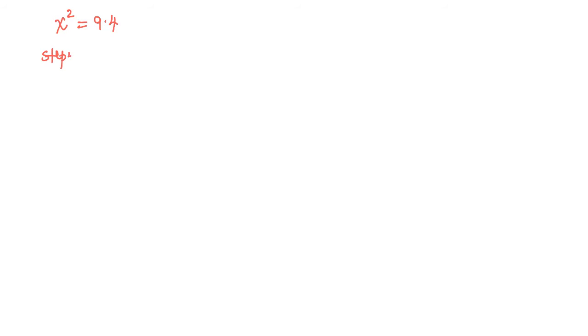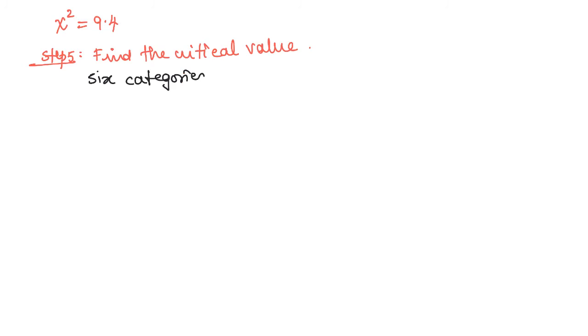Next, step 5, we need to find the critical value. To do that, we need the degrees of freedom. There are 6 categories, so 6 minus 1 means 5 will be the degrees of freedom.